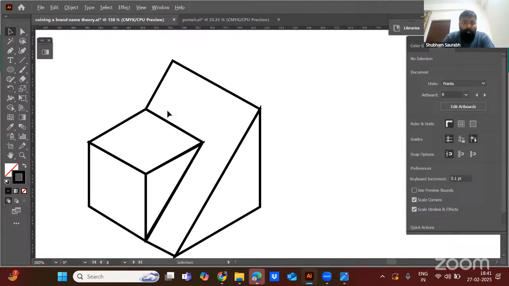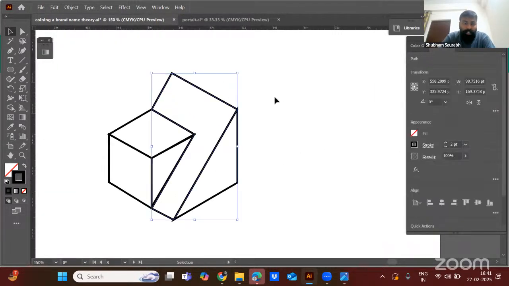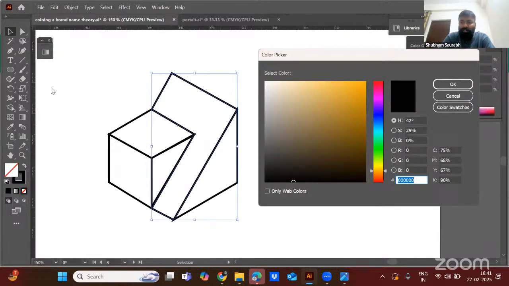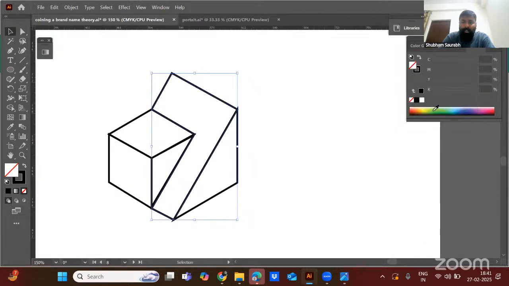So even if you are making one block, let's use one color, but by keeping a sense of lighting. So for example, let's assume that if the light is coming from here, okay, so this is the source of light. So we'll make this part really dark, okay, because here the light is not reaching.